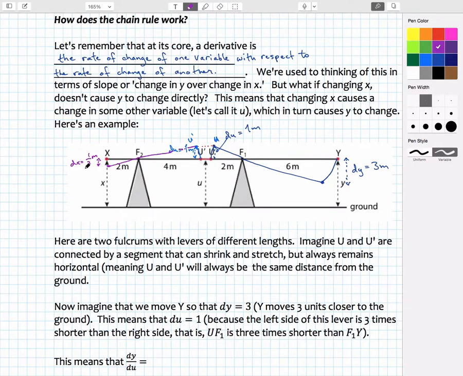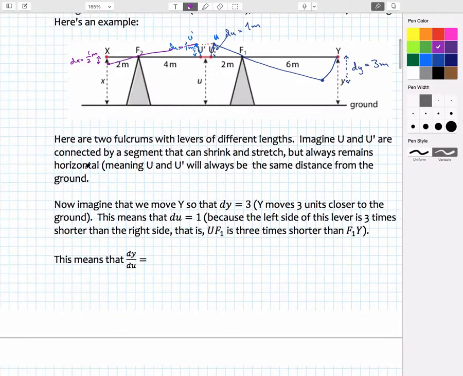So we can scroll down here. We didn't write this in before, but our dy du, the change in y with respect to the change in u, the change in y over here we saw was 3. So this was 3 meters, while du only changed 1 meter. And this looks quite a lot like our notation for a derivative.